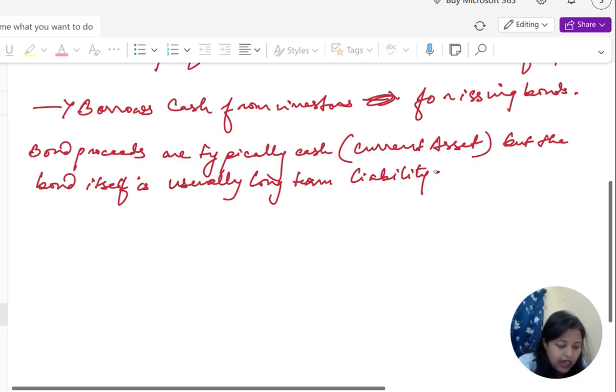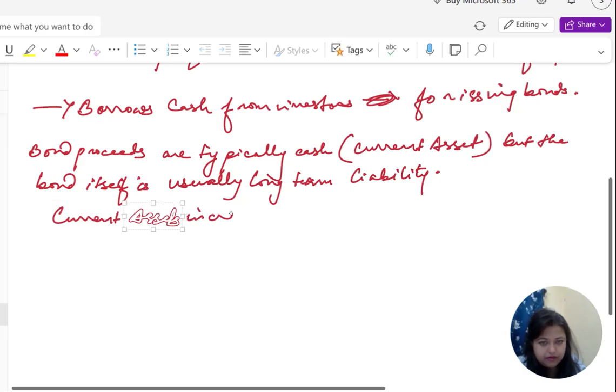So current assets increase, current liabilities do not. Working capital increases and it's affected.